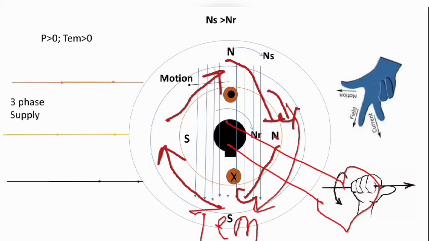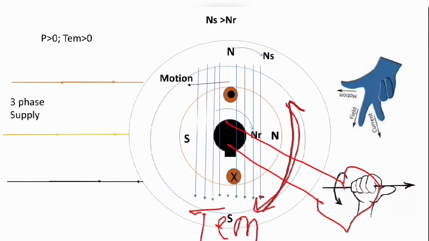The rotor is rotated in the clockwise direction, and the torque is developed like this, the developed torque. Torque is also developed in the direction of rotor rotation, that means also clockwise. So this is the case of a motor.